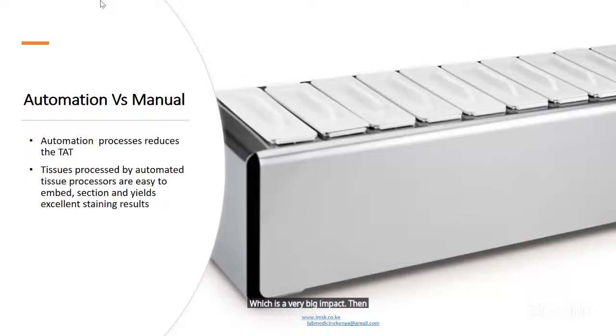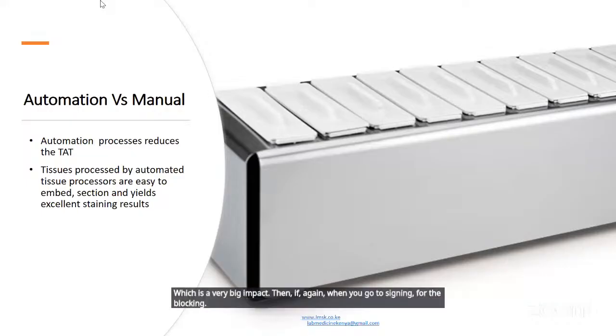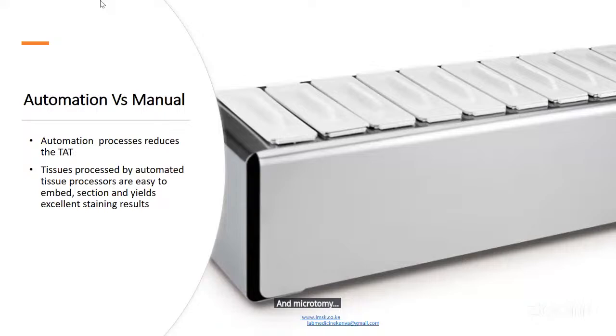Then when you go to staining, for the blocking and microtomy, the automation doesn't impact so much because you are still there using the embedding module. You are there doing the work.